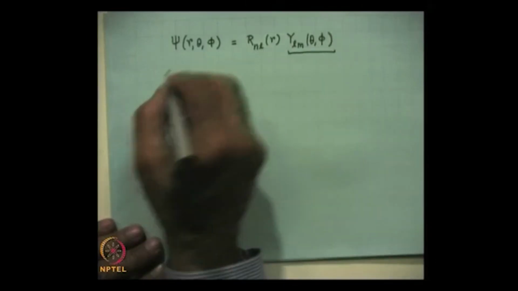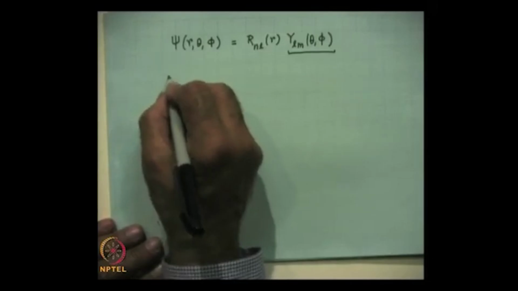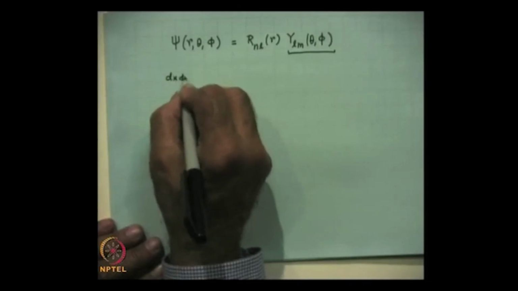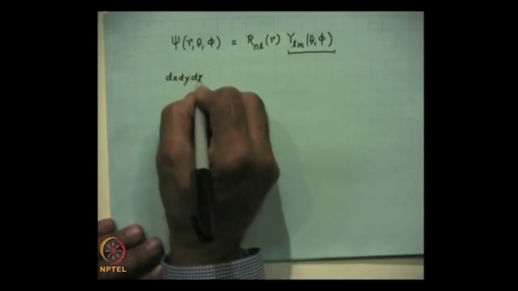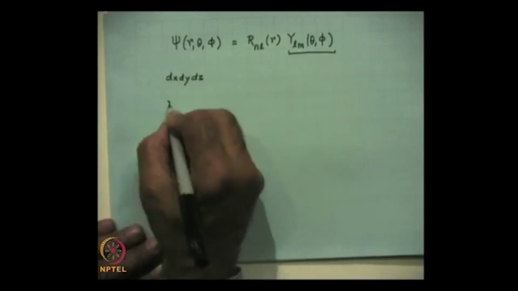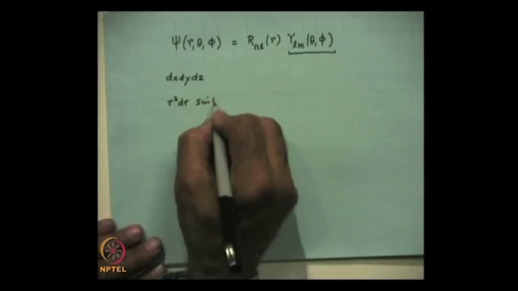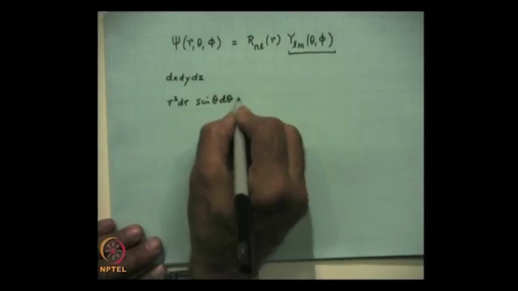In Cartesian system of coordinates, the volume element is dx dy dz. In the spherical polar coordinates, the volume element is r square dr sin theta d theta d phi.